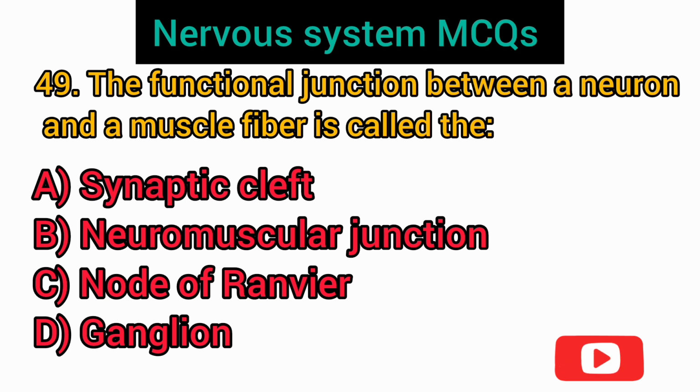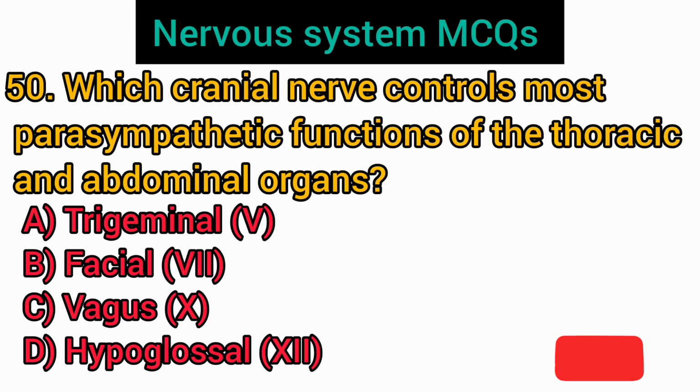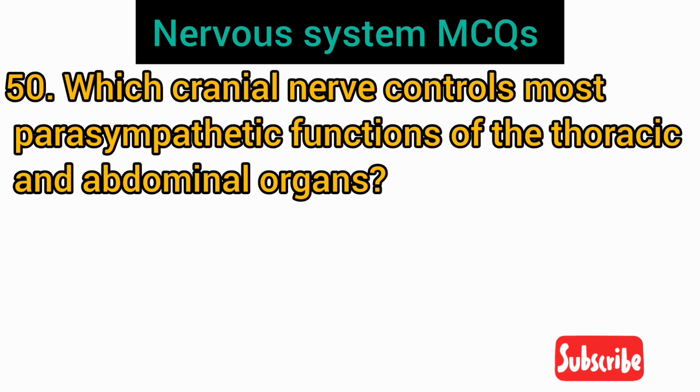The functional junction between a neuron and a muscle fiber is called the neuromuscular junction. Which cranial nerve controls most parasympathetic functions of the thoracic and abdominal organs? Vagus 10.